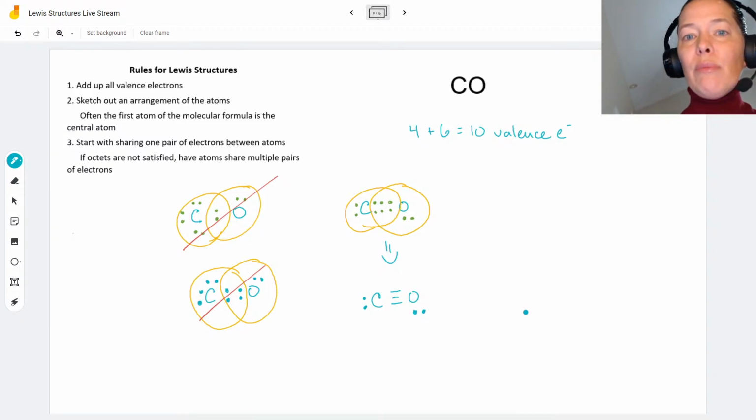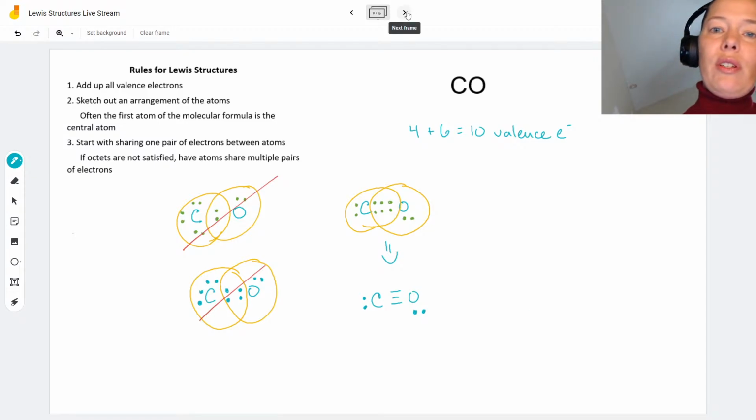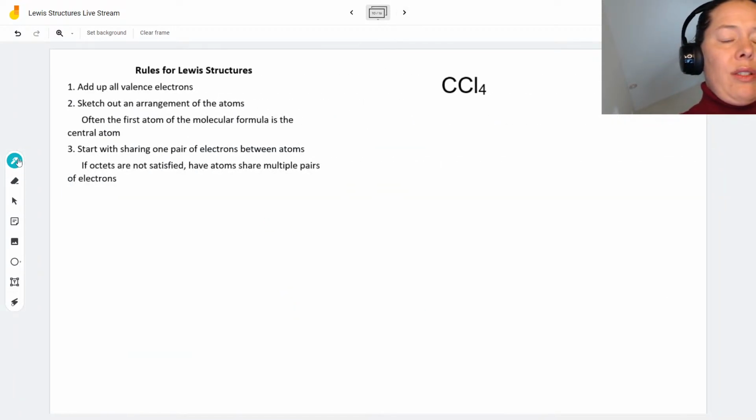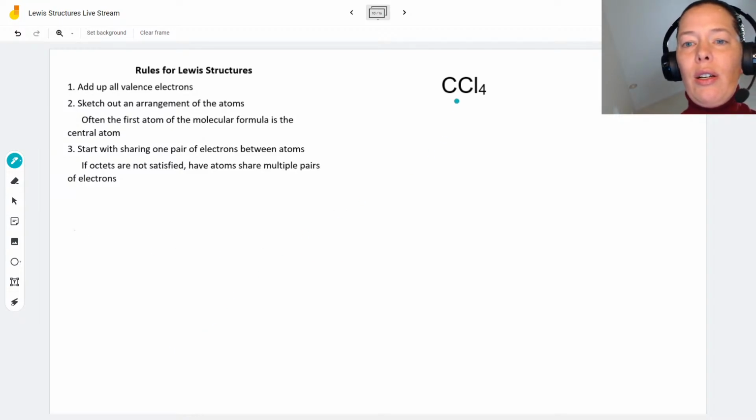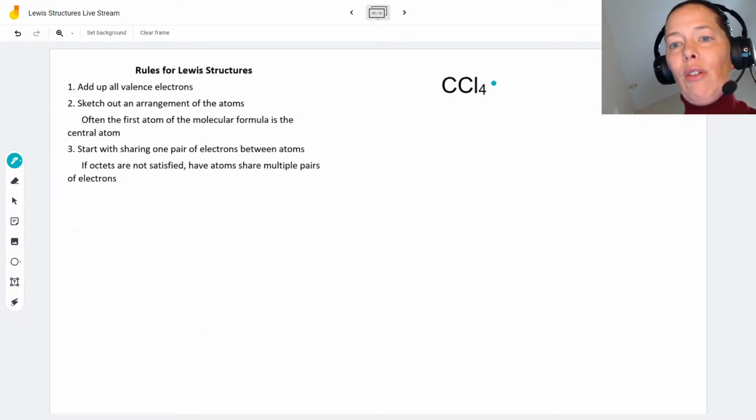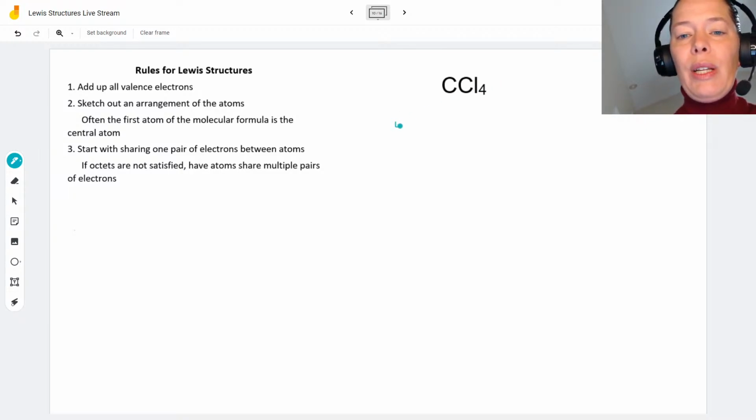All right, let's move on to our next structure. Okay. Oops. So we've got carbon tetrachloride, or CCl4. Let's add up our valence electrons. Carbon gives me 4, plus I've got 4 chlorines. That's 7 each.